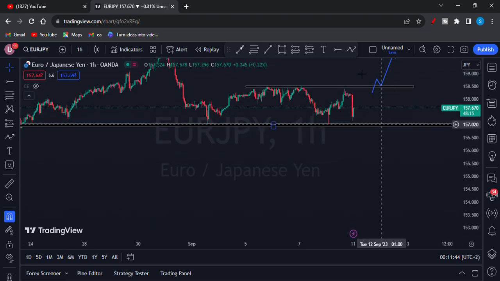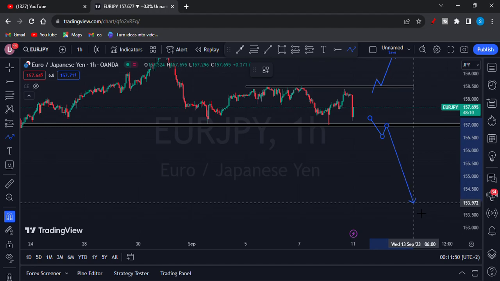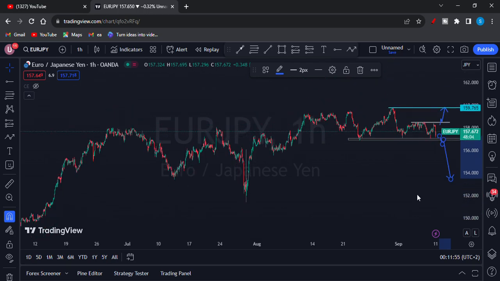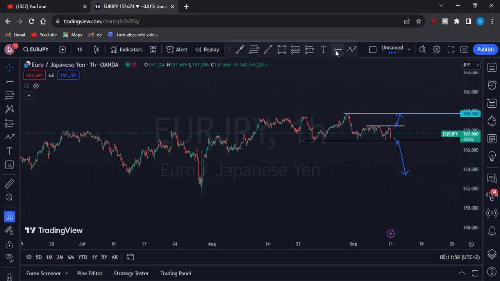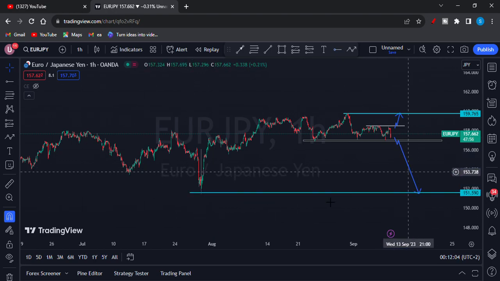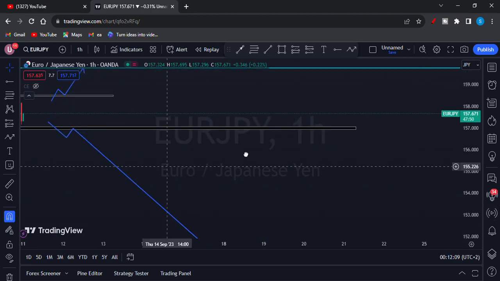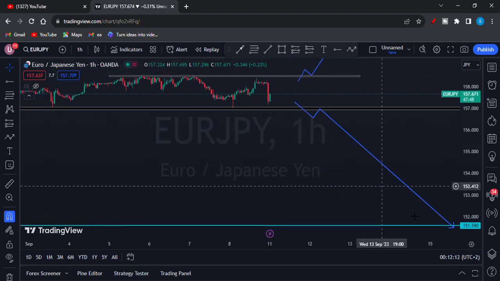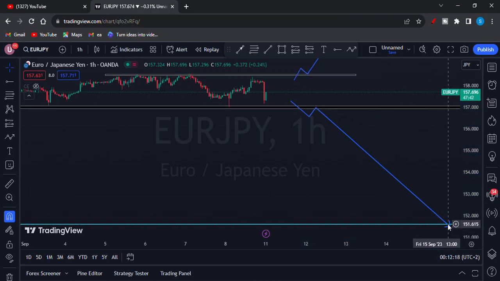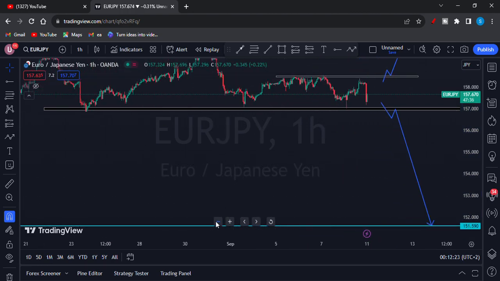And if we are selling, then going to break, retest, potentially up to there. That's my analysis for EURJPY right here. Okay.